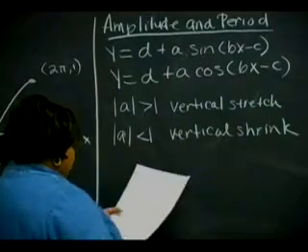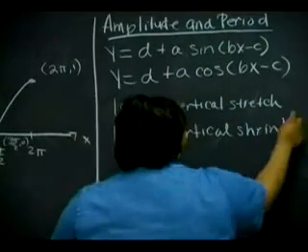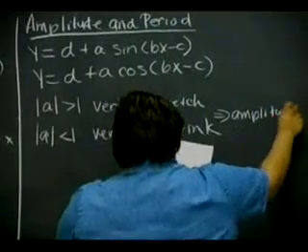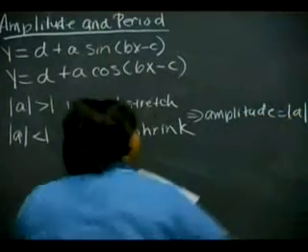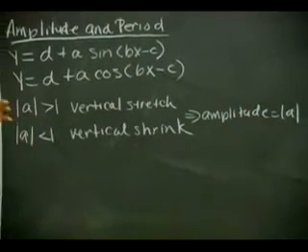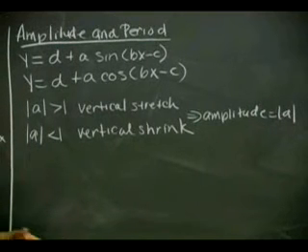And all this means is that we have an amplitude of absolute value of A. The amplitude means that A will be as high or as low as that graph will go. That's the amplitude.